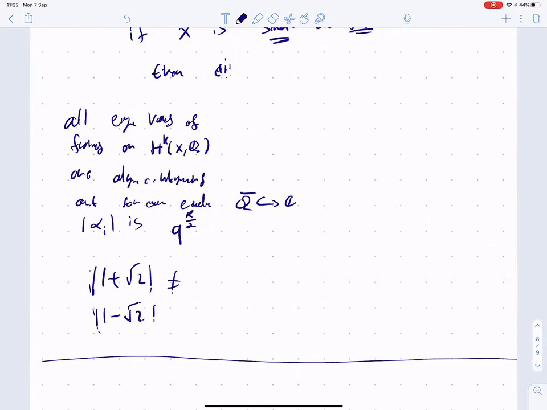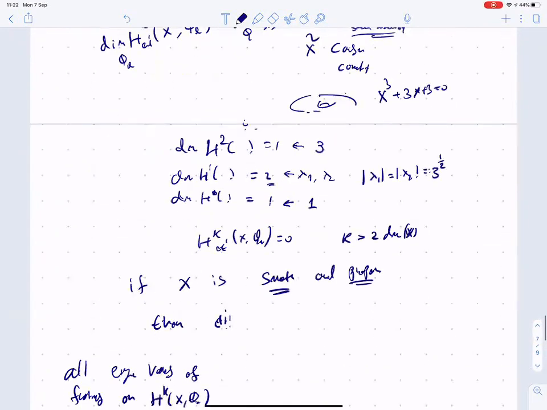Okay, so now the question is, how are we going to prove this? So I gave you a very nice description in the smooth and proper case of what we expect to happen. And I told you that in the non-smooth or non-proper case, you don't get this.